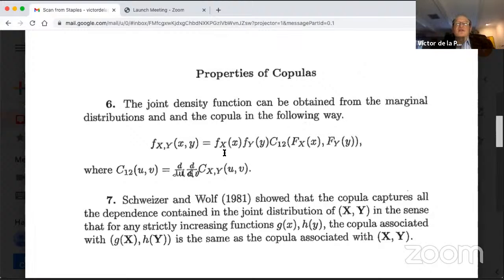So the difference between dependence and independence is the copula function. Once you pick a copula function, you can get back your density function.